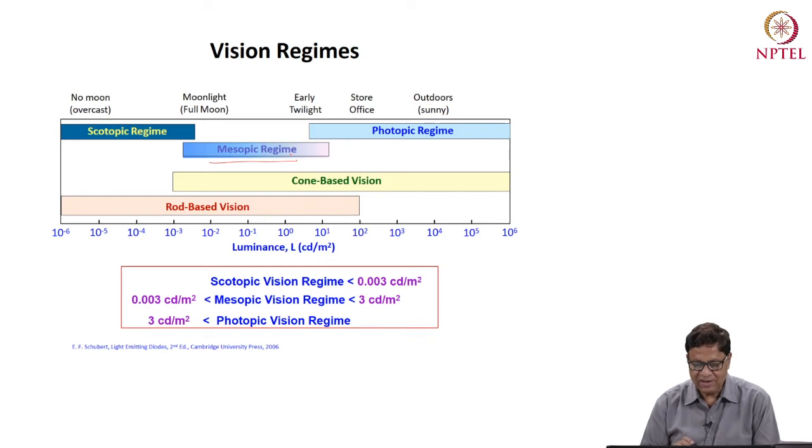So basically there are three regimes depending on whether the situation is well lit, poorly lit, or somewhere in the middle.